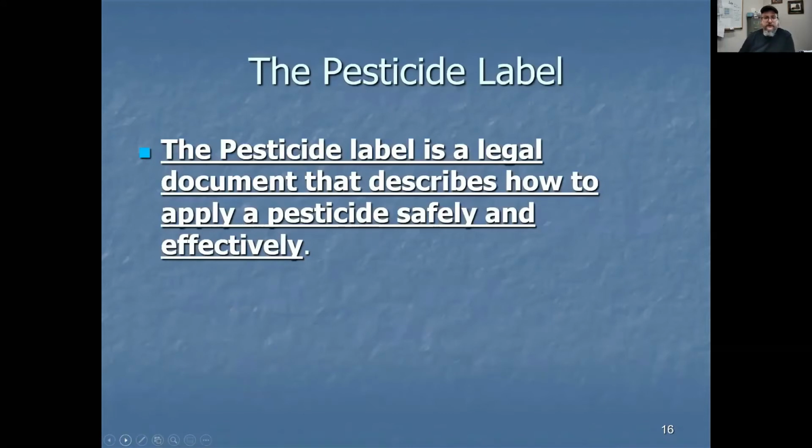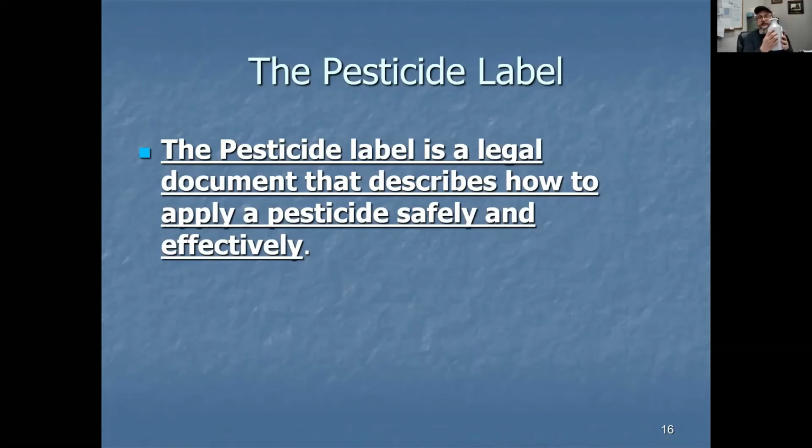Okay, so what is the pesticide label? The pesticide label is a legal document that describes how to apply a pesticide safely and effectively. Here's an example of the label of the Weevil-Side.